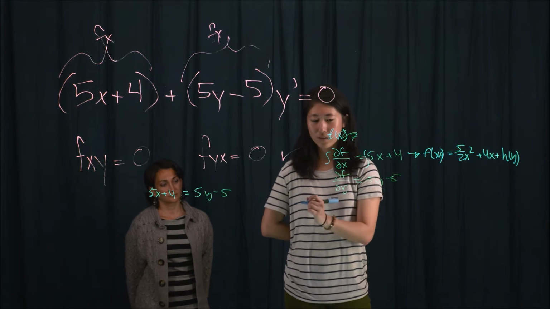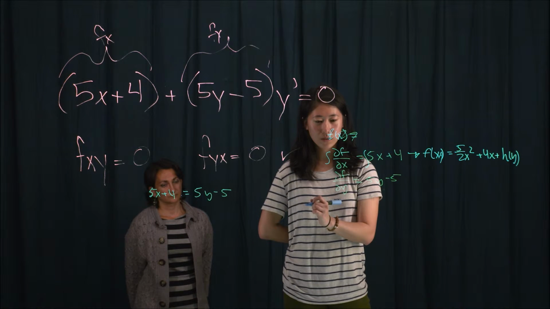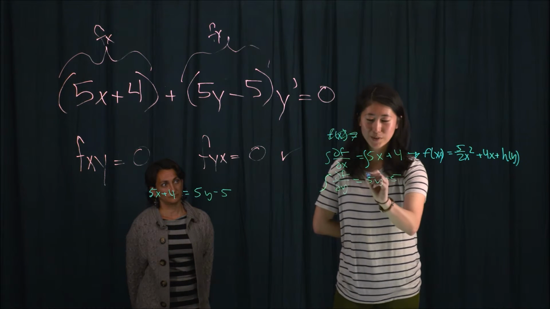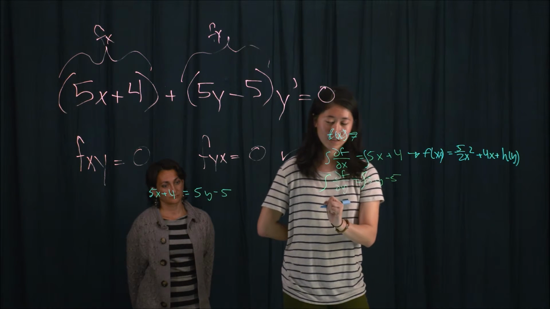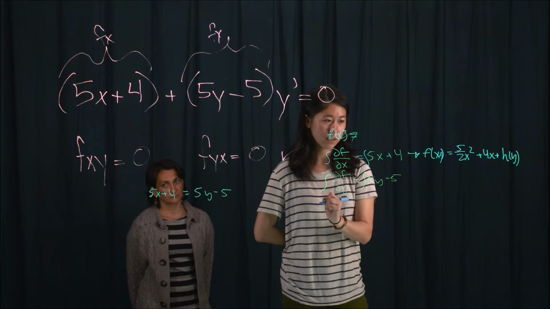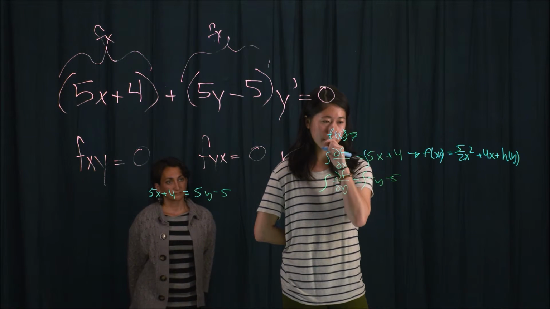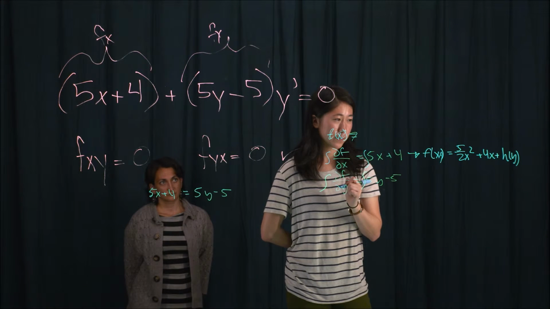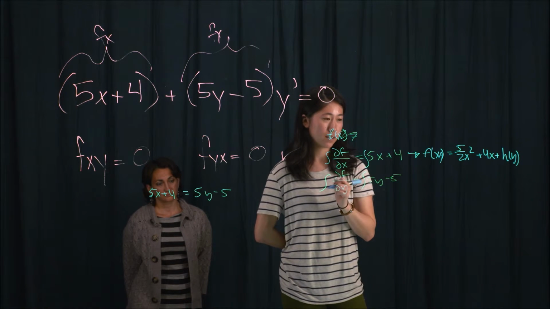Okay, so the partial derivative of that function with respect to y is what you have, 5y minus 5, right? Okay. Oh, so you integrate this. Well, before we get there, on the upper line you have the function f of xy equal to 5 over 2 x squared plus 4x plus h of y. Yeah. So if that's the same function that we have in the lower equation, if we take the derivative of the upper equation with respect to y, what do we get?